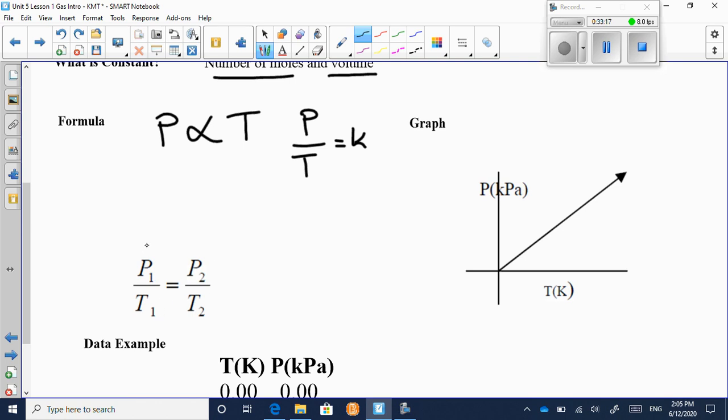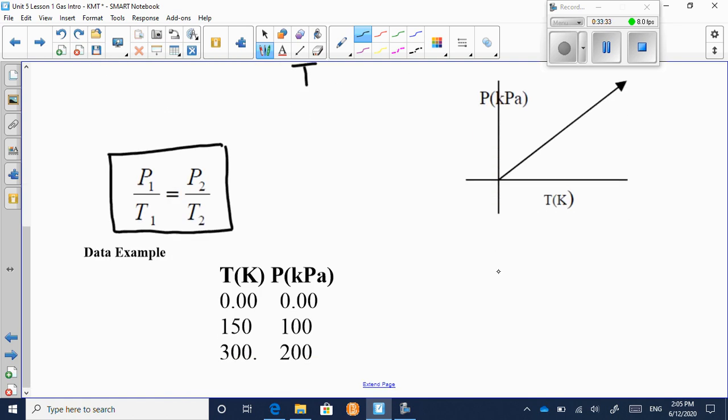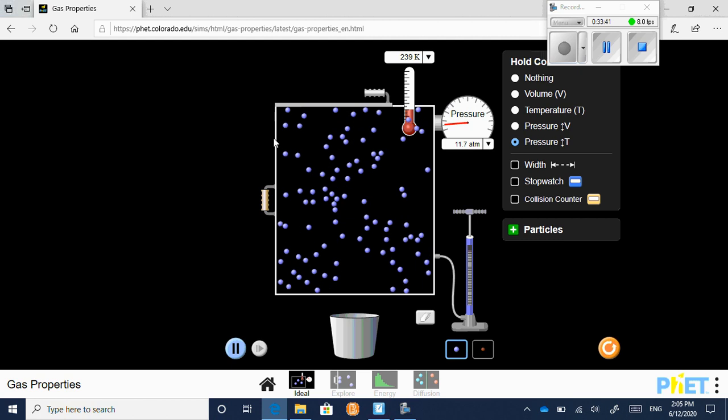In other words, for a given number of moles in volume, this relationship will hold. And sure enough, graphically, it looks like this. If you double the temperature, you'll double the pressure. Or if you half the temperature, you half the pressure. And sure enough, here's the relationship. Doubling the temperature doubles the pressure. Okay, let's take a look at this.